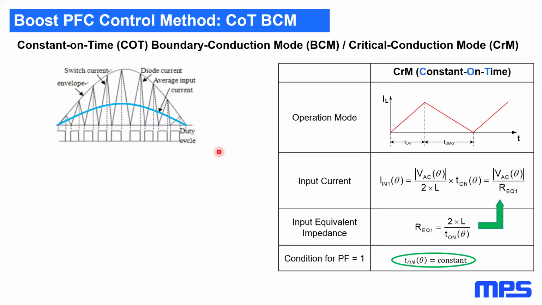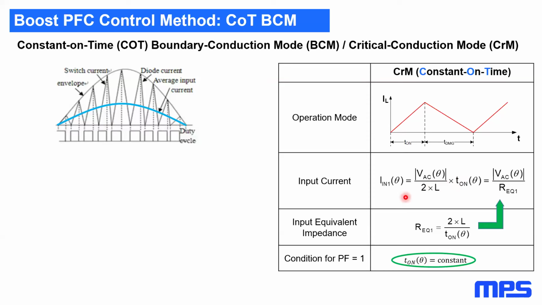The average is half of the peak current, so the delta I current in the inductor during this on time here. The average is half of this, so we can say that it's the input voltage divided by the inductor times the on time and divided by 2 to get the average.